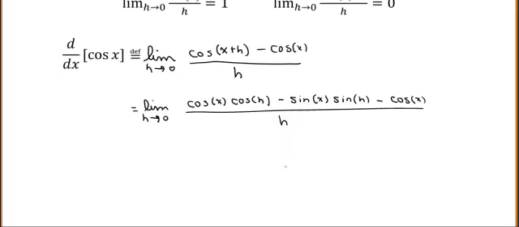Now notice, there are two terms in the numerator that contain a factor of cosine of x.